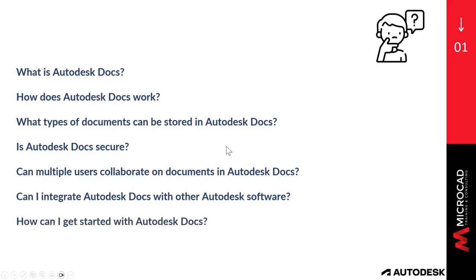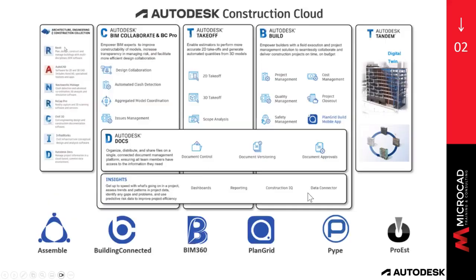How can I get started with Autodesk Docs? As I mentioned at first, you are either going to have Autodesk Docs as a standalone, or you're going to have Autodesk Docs across different platforms, such as your Architecture, Engineering, and Construction Collection. You're going to have access to the software right there.